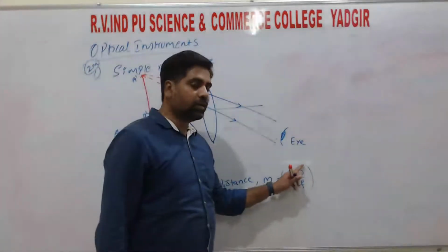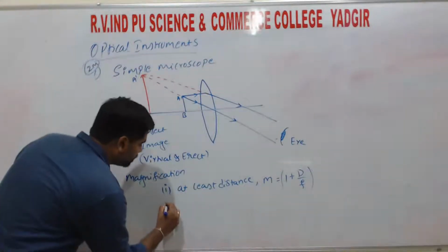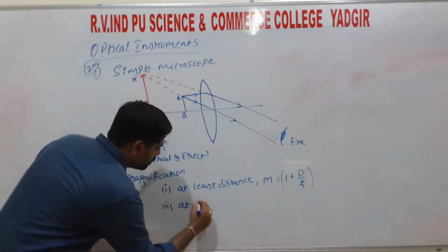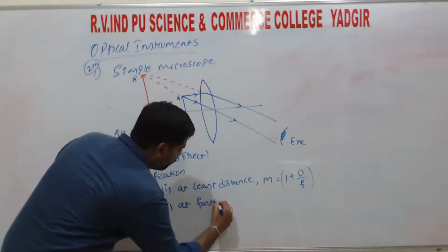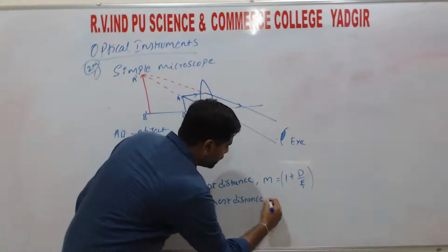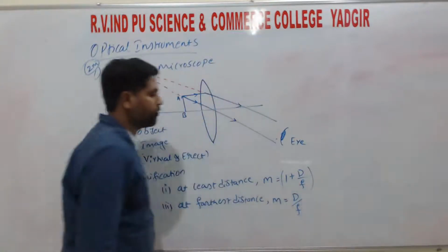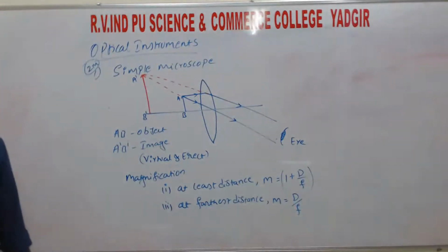The second one, at the farthest distance, that means at infinity, we have m is equal to D divided by f.